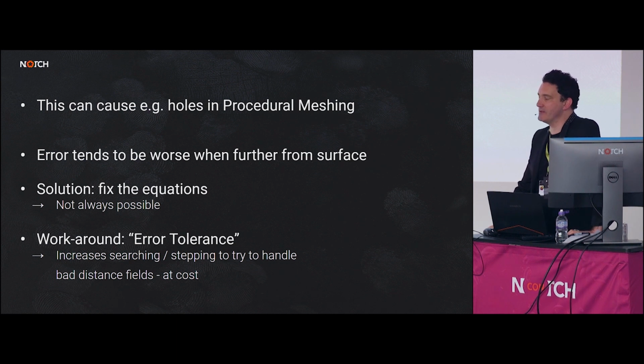The error tolerance parameter makes the search more fuzzy. It makes it search harder, and as a result, slower. But it means it will be less likely to miss the surface and give you holes. So if you up the error tolerance, you can get around this problem.